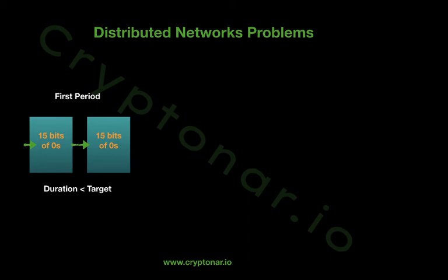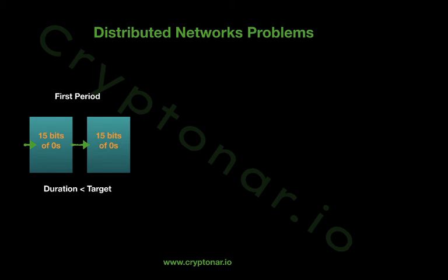And so what we do, we have the first period in which we have 15 bits of zeros. We have 15 zeros that we need to achieve in this hash to make it valid for our block to be appended on the blockchain.